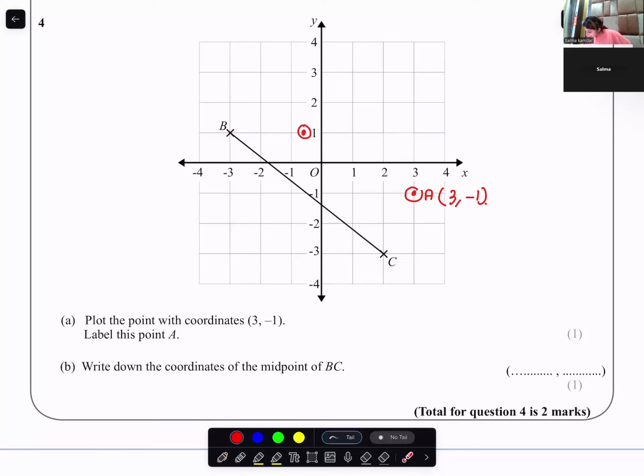Vertical from B to C, 1, 2, 3, 4. So half of this would be 2. 1 and 2. So the midpoint is here.